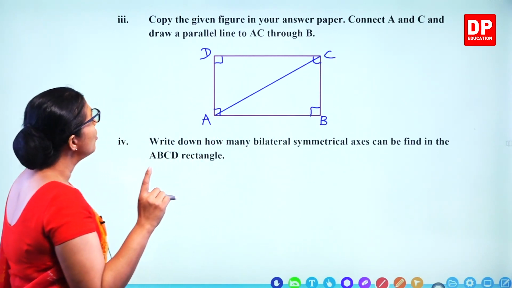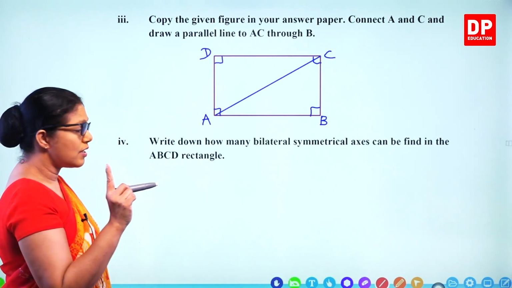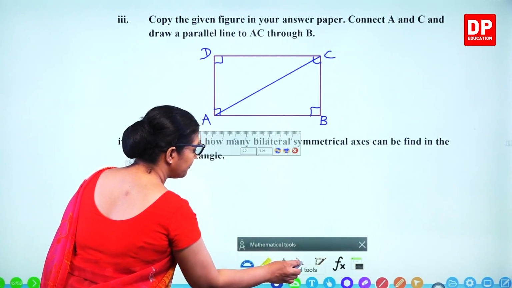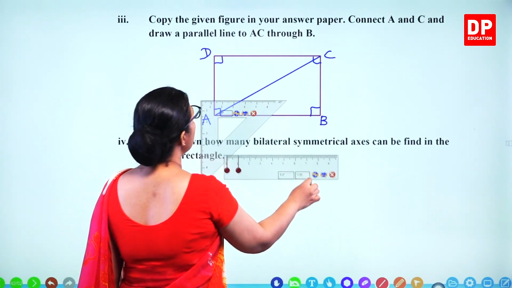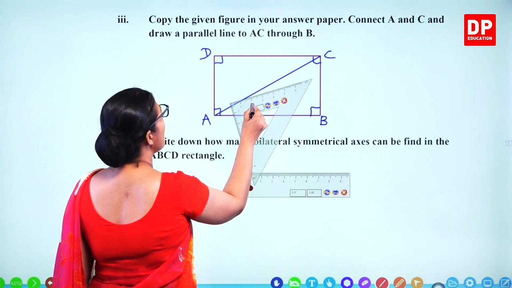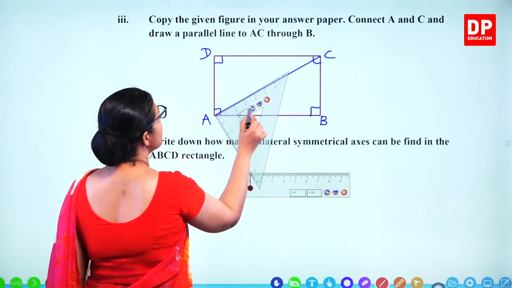And now draw a parallel line to AC through B. So we can use the ruler and the set square. So what we can do? We can keep the set square along this line AC.